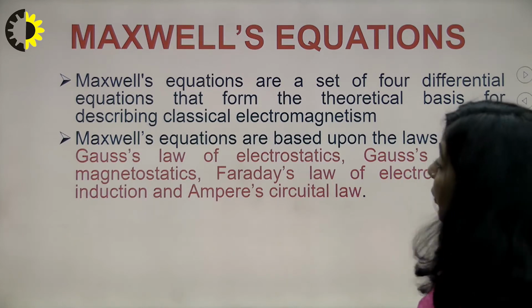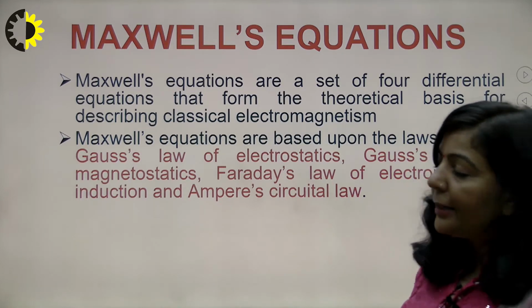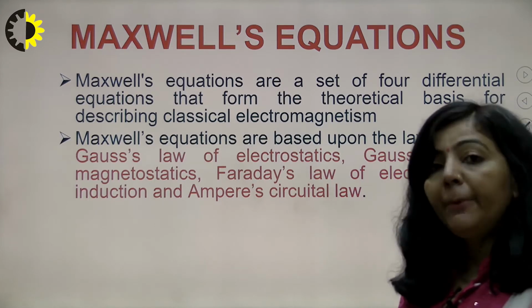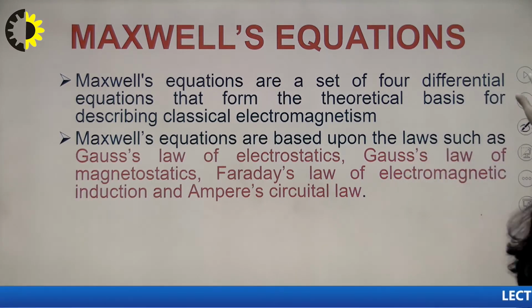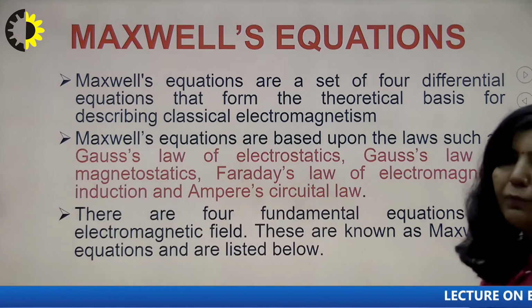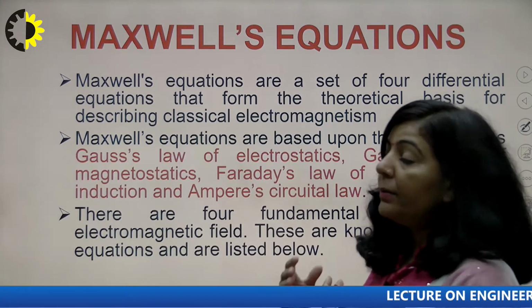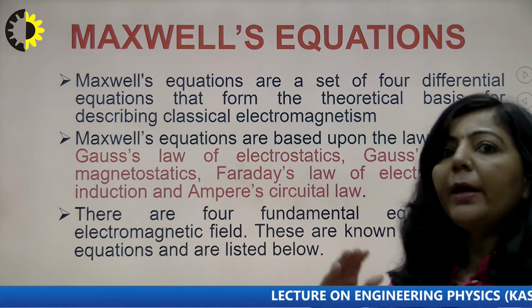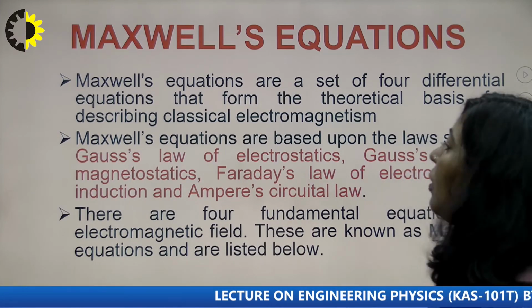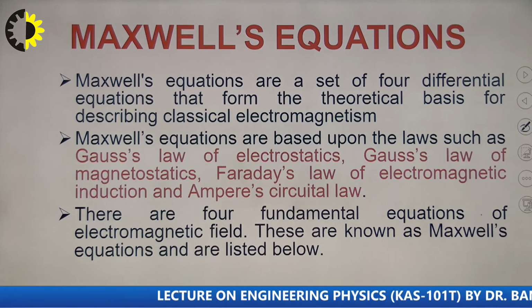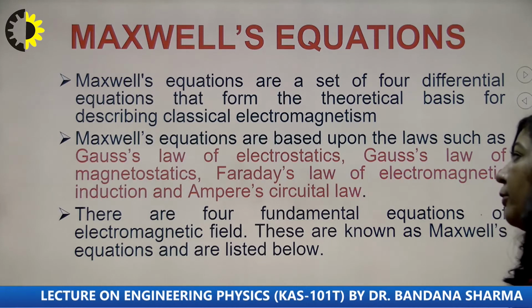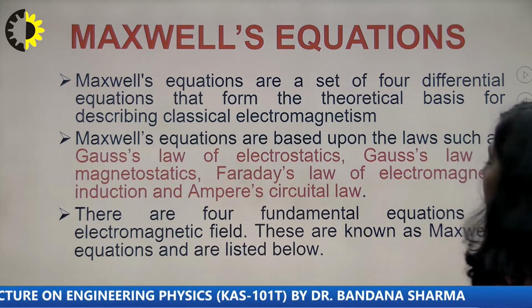Third one is the differential form of Faraday's law of electromagnetic induction, and the fourth one is the differential form of Ampere's law. Now how you will write those equations in differential form, that we will derive here. So there are four fundamental equations of electromagnetic field. These are known as Maxwell equations, and these equations are listed here.